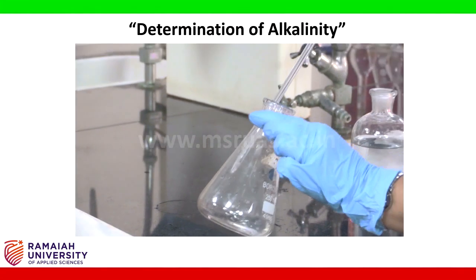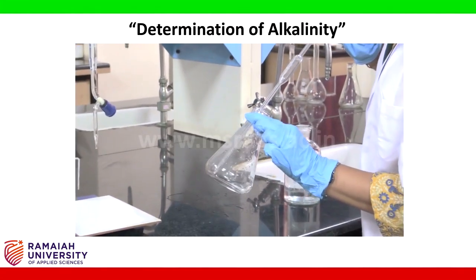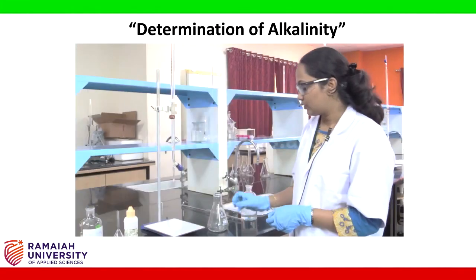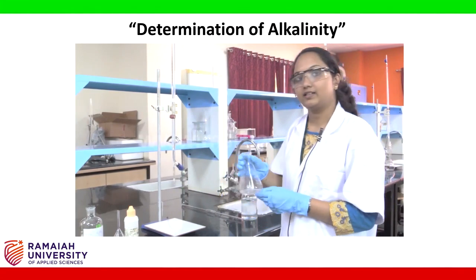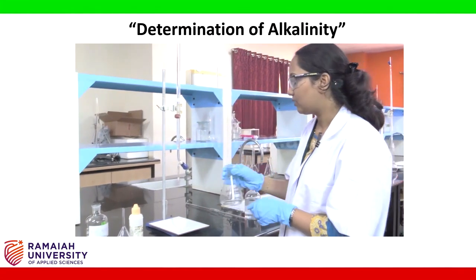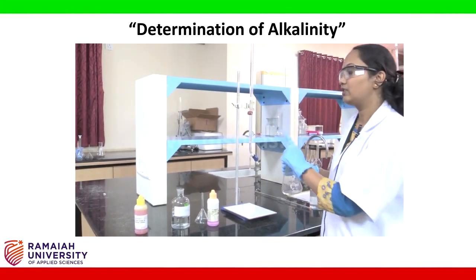So even the last drop has to be transferred. So now the sample is taken in the conical flask, that is around 10 ml of sample. Now we are going to titrate the sample with the sulfuric acid.